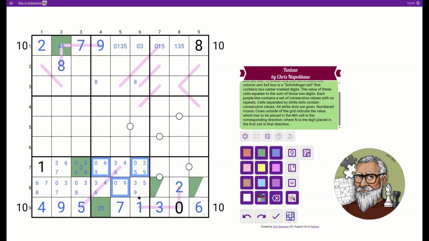What can I eliminate here? Oh yeah, I was going to say we can't have 3 and 4, but we can. These are not orthogonal. Oh, this isn't 9. Does that help? Not really. Not really.